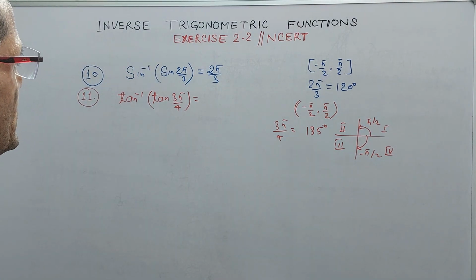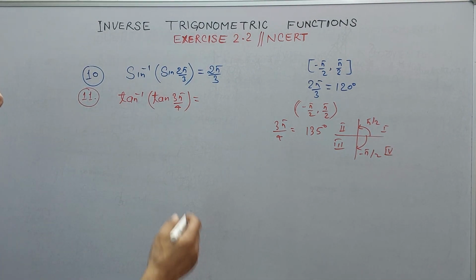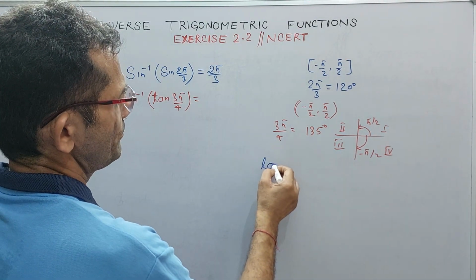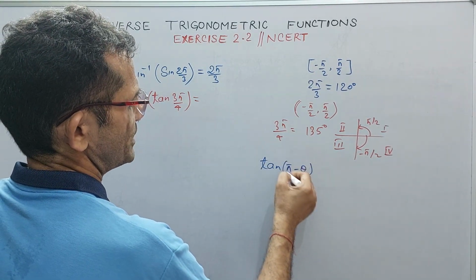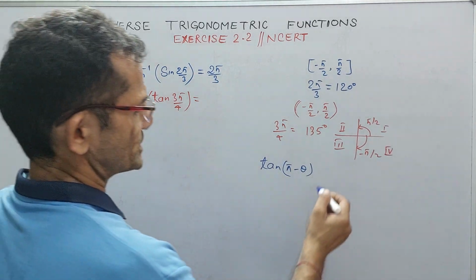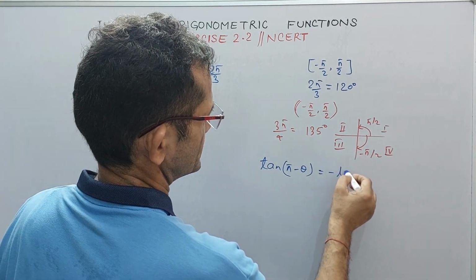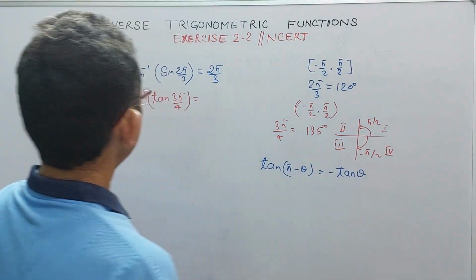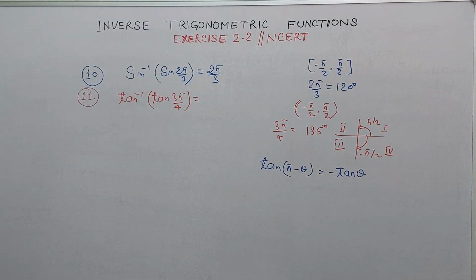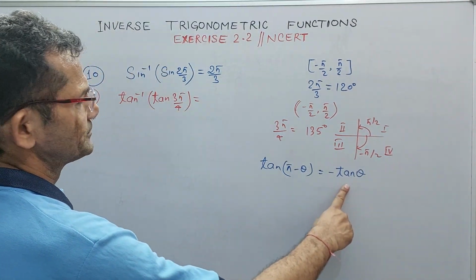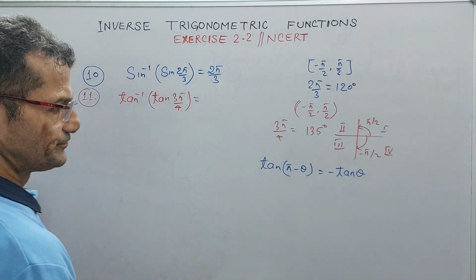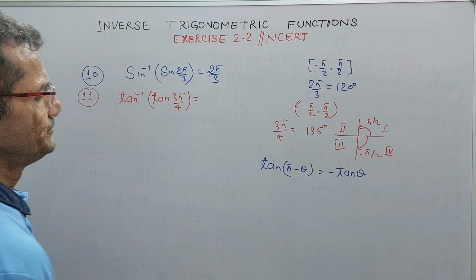So we just have to change these values. Tan of (pi minus theta), for angles of the second quadrant, will be minus tan theta. We utilize this here.